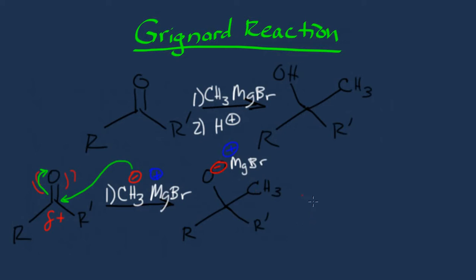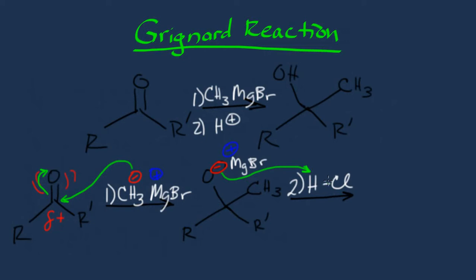So what's next? Well, looking up above, we see that the second step is to add some sort of acidic proton. In most labs, I think anybody's ever going to use hydrochloric acid unless there's some reason not to. So let's go ahead and do the same for this example. We'll use HCl, which is a pretty strong acid, and we'll see that the oxygen is going to donate electrons to this acidic hydrogen.